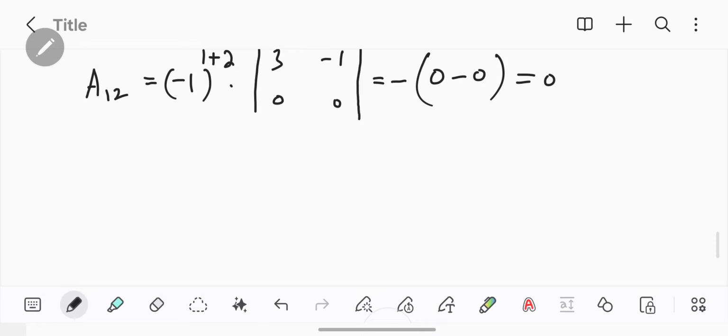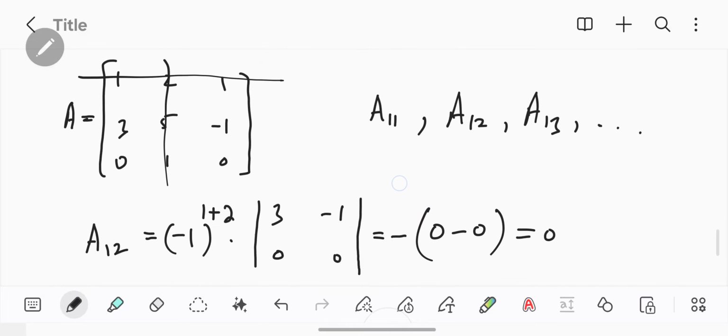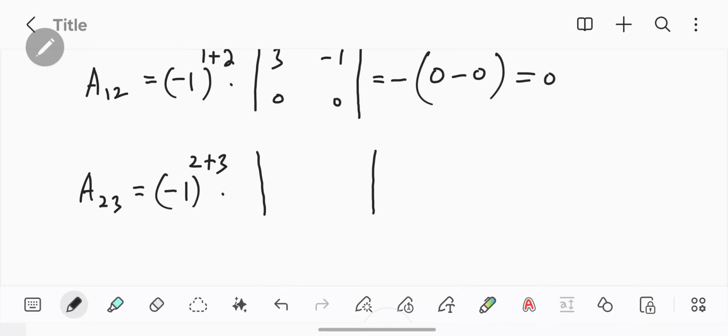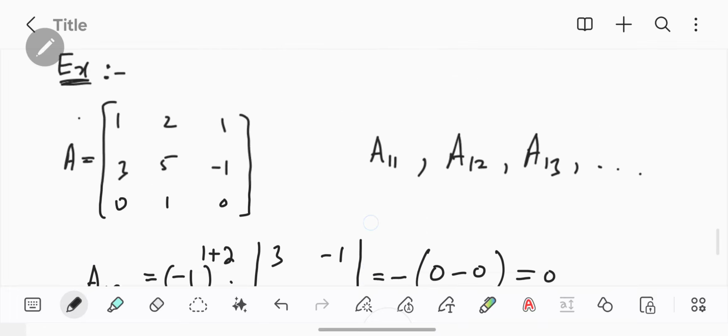Similarly, you can find any other cofactor. For example, if you want to find the cofactor based on this element, which is in the second row and the third column, I need to find A23. What will I do? I will write minus 1 to the power 2 plus 3 first, and then the determinant of the submatrix obtained by deleting the second row and the third column.